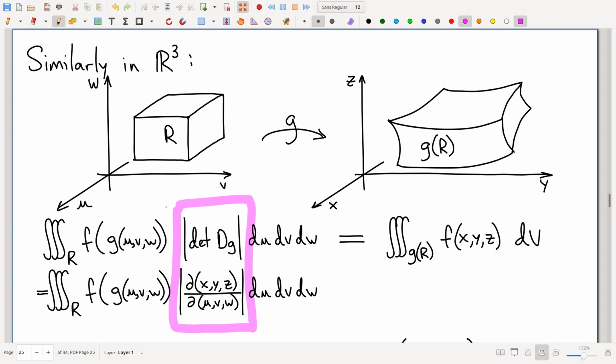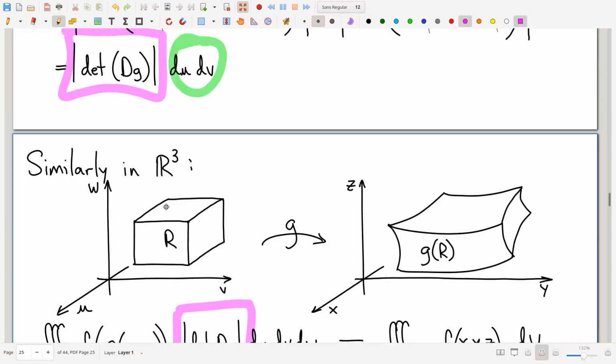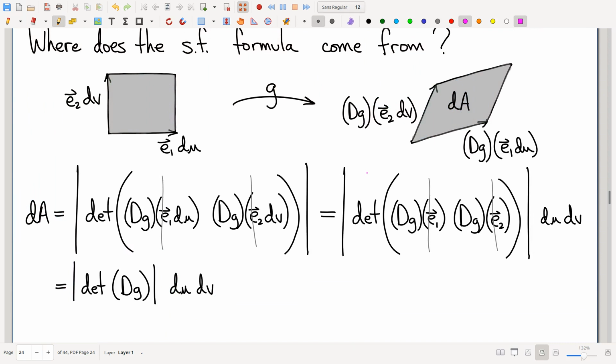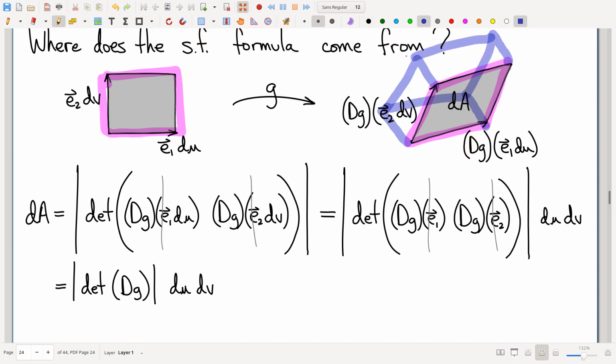Now, the argument for this, I'm going to leave as an exercise for y'all. It is morally equivalent to this argument. Almost exactly the same argument. The only difference being that here we had a 2-dimensional parallelogram being an image of a rectangle, and in 3 dimensions we would need to talk about a 3-dimensional parallelepiped being an image of a 3-dimensional box.